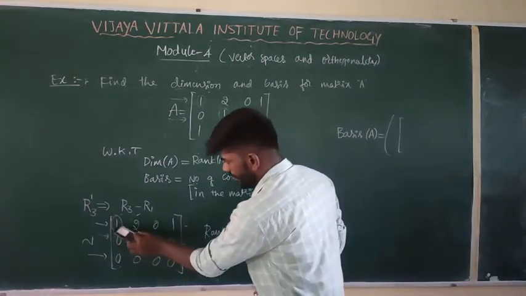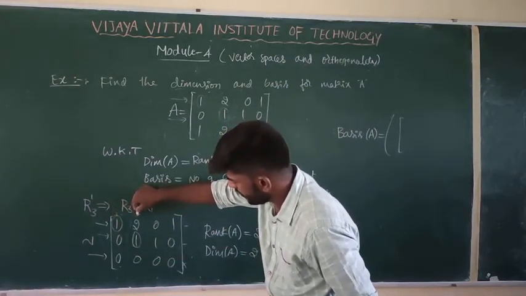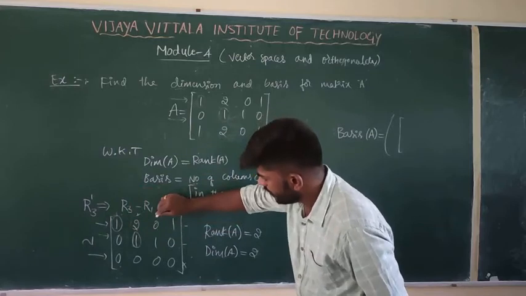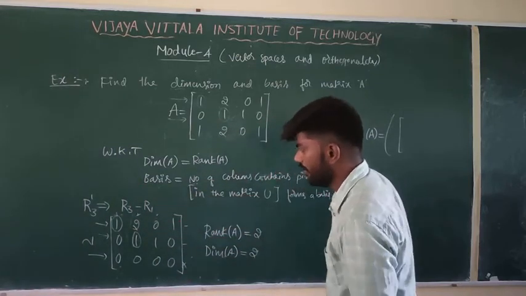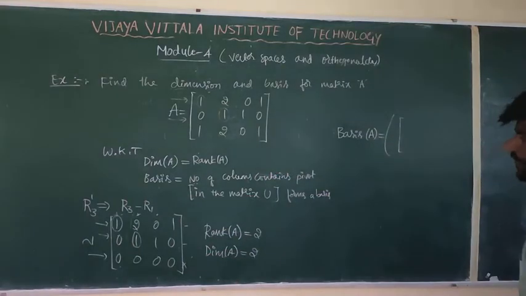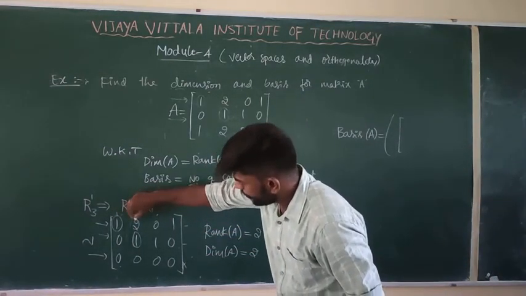Okay. Here the first column contains a pivot element and the second column contains a pivot element, and in the third column the pivot element is 0. The fourth column also does not contain a pivot element. Therefore, the first column and second column contain pivot elements.